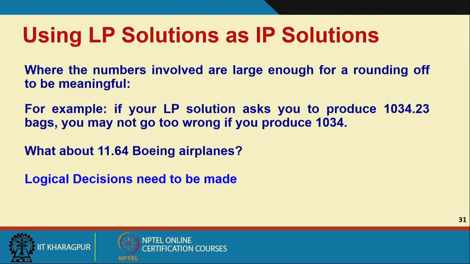So, the very simple thing, that is rounding off, should be possible in many situations. So, where the numbers involved are large enough for a rounding off to be meaningful, we can definitely use the LP solution as our IP solution, right. So, if your LP solution asks you to produce 1034.23 bags, you may not go too wrong if you produce 1034.